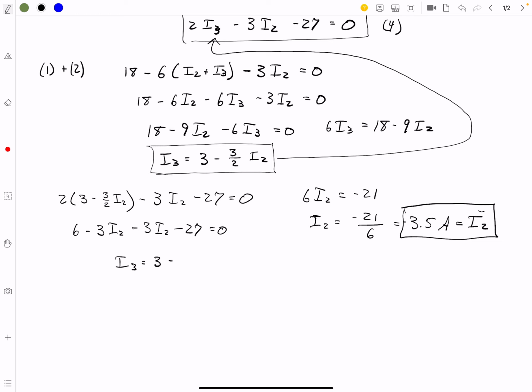Okay. 3 divided by 2 times 3.5 is 5.25 amps.